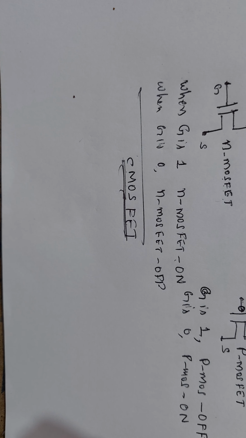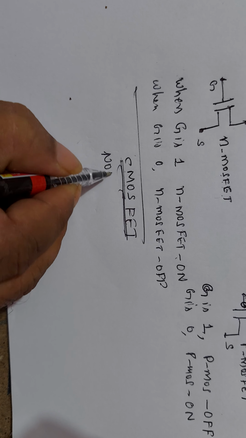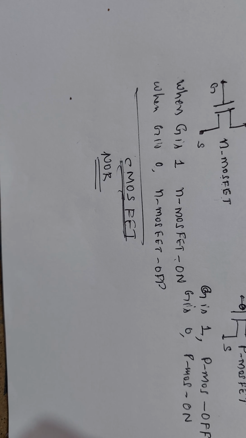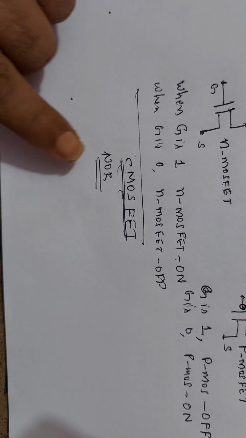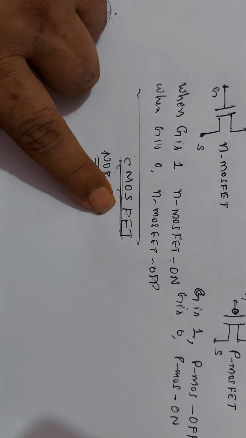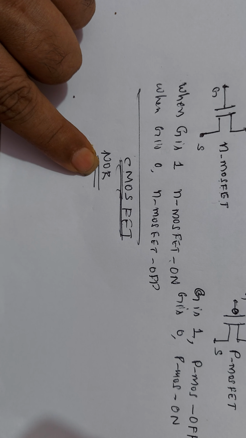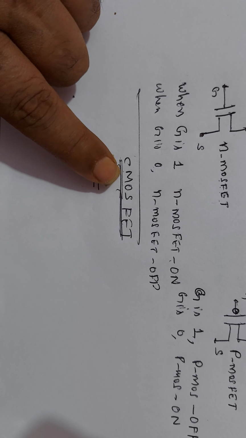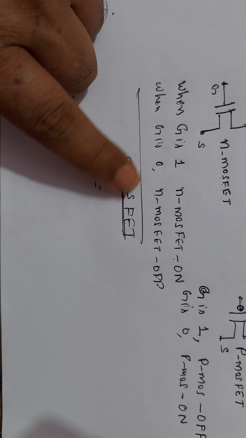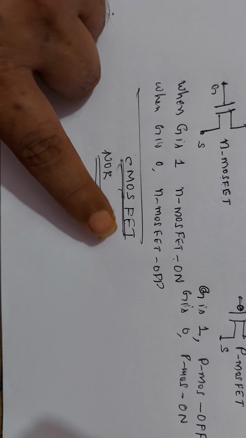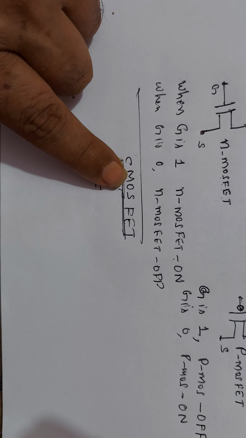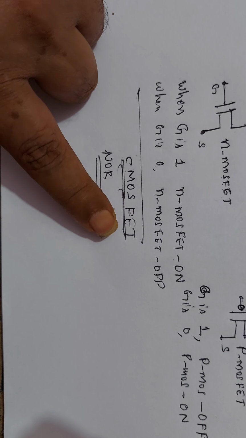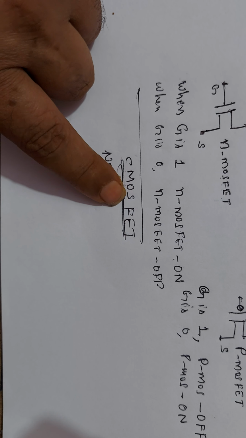Now let us study how this NOR gate is constructed using CMOS. That is, the NOR gate circuit should have both P channel MOSFET and N channel MOSFET, so that it is complementary metal oxide semiconductor field effect transistor, CMOS MOSFET.